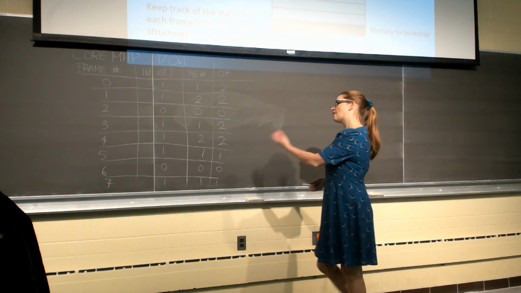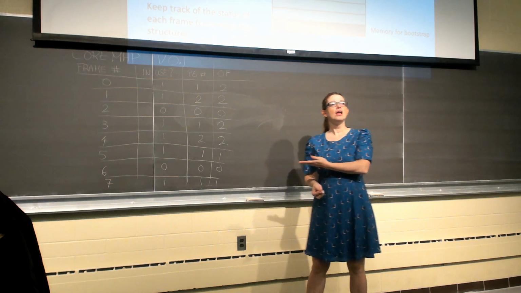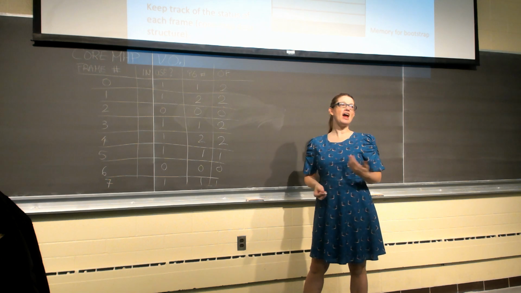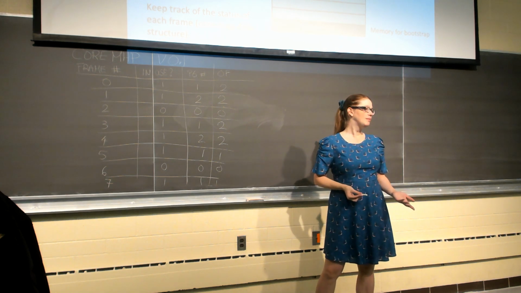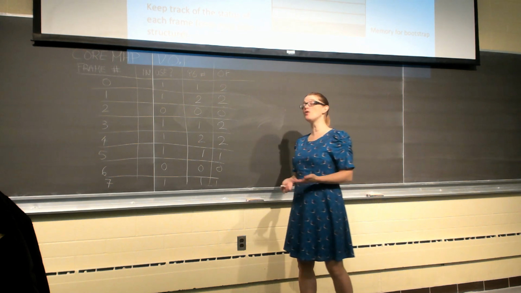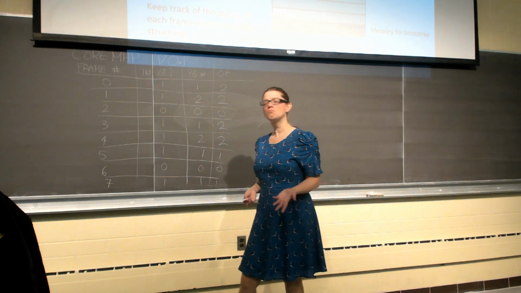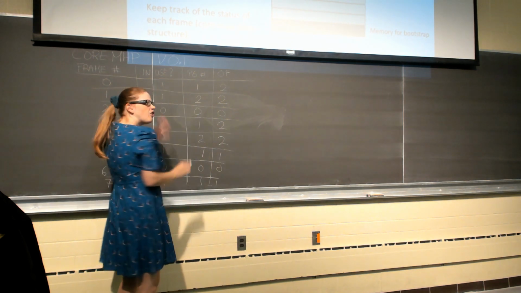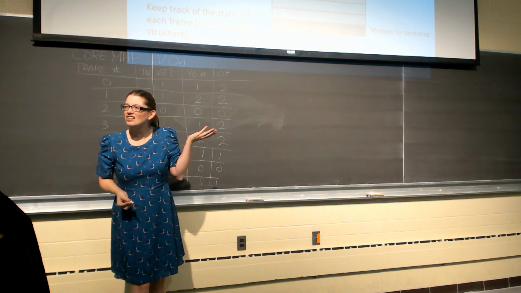Now, looking at this here, you can imagine that we're going to have one of these entries for every single possible page of memory that we're trying to manage, which means there is the potential for there to be millions of them. Millions of entries with 1, 2, 3, 4 integers.